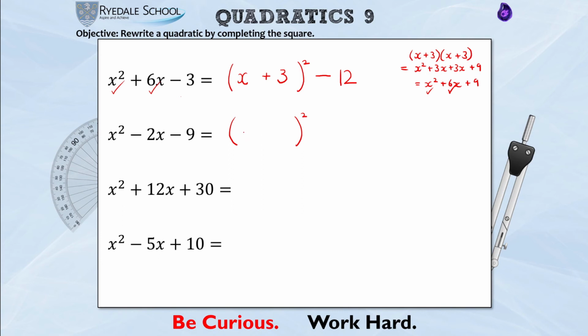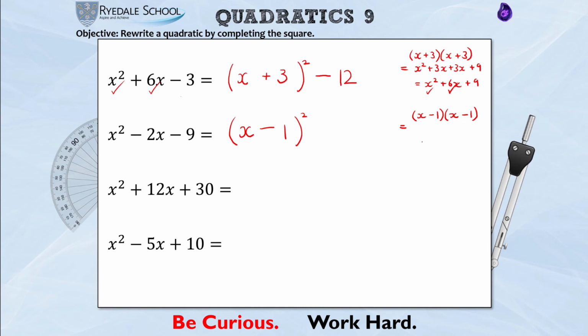So at the front of my bracket, I will have x. And inside my bracket, I need half of the coefficient of x. Well, the coefficient of x in this one is -2. So I need -1. And again, I'm going to explore what I've already got. Now, sometimes some students don't do this.